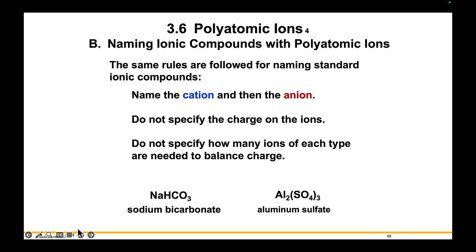So if we are looking at sodium bicarbonate, HCO3- is the bicarbonate ion with an overall -1 charge. Sodium has a +1 charge, and so those charges balance out. If we look at aluminum sulfate, aluminum has a +3 charge and sulfate has a -2 charge, and so here is where we would do that crossing trick to figure out the formula.